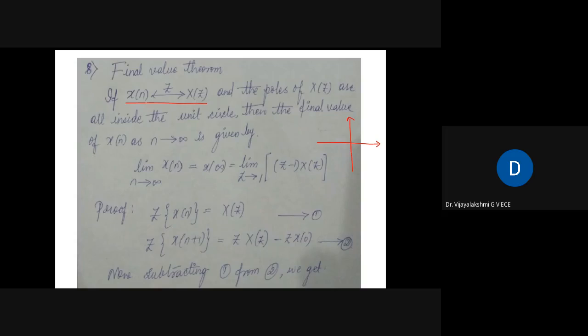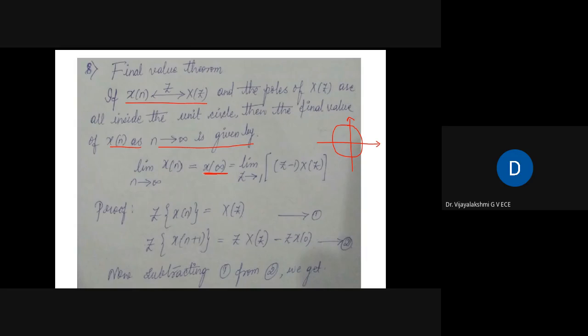So if you have x of n and its z transform is x of z, and after finding x of z, all the poles of this x of z are inside the unit circle, a ring whose radius is 1, then the final value of x of n as n tending towards infinity, that means applying the limit to x of n as n tends to infinity, that gives me x of infinity.